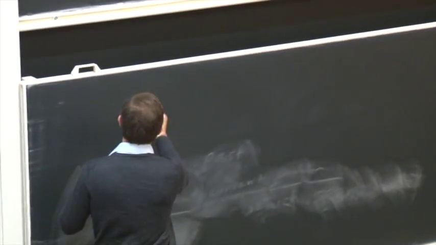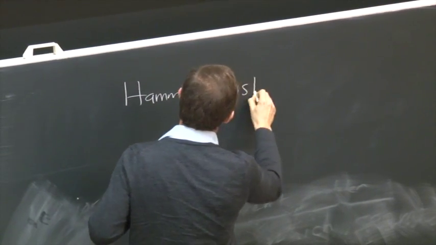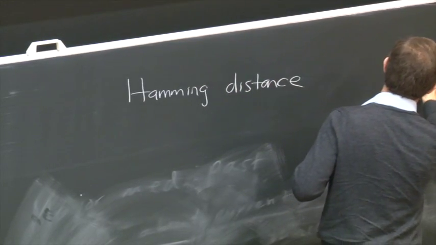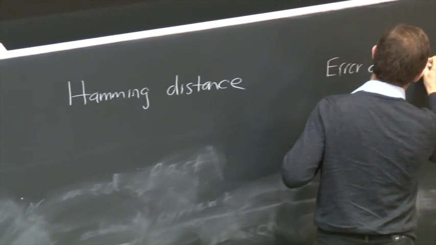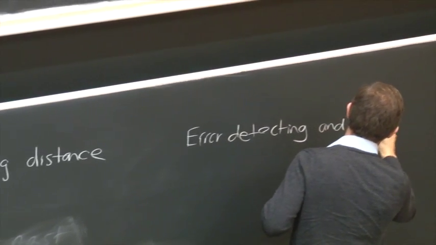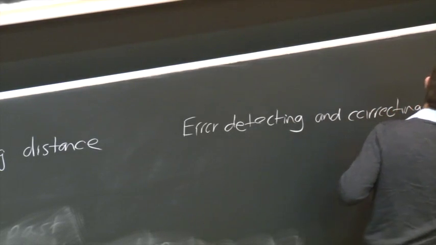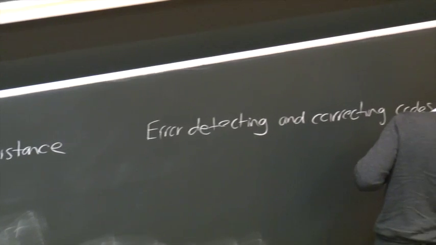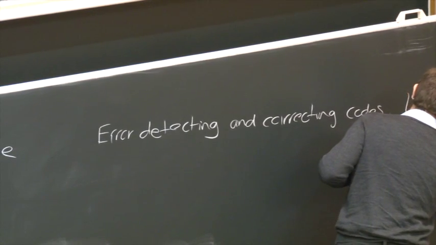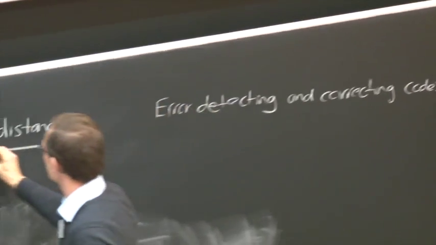Basically, Hamming distance, and I believe Hamming specified this in his seminal paper on error detecting and correcting codes, in 1950, in the Bell System Technical Journal. He specified what is called a Hamming distance.